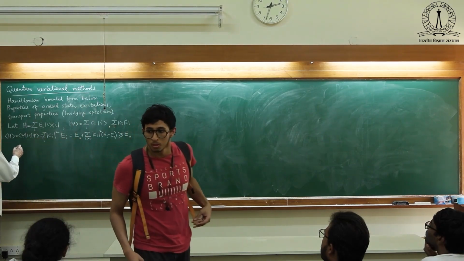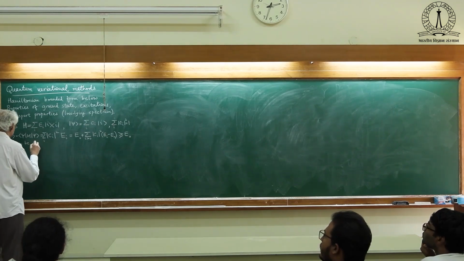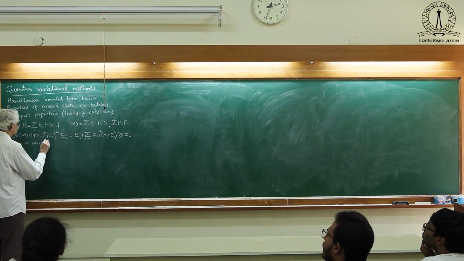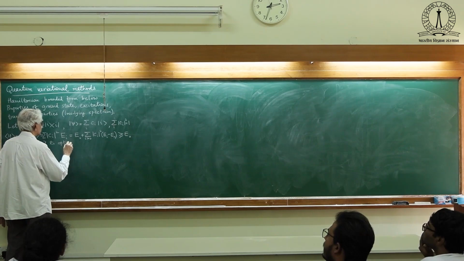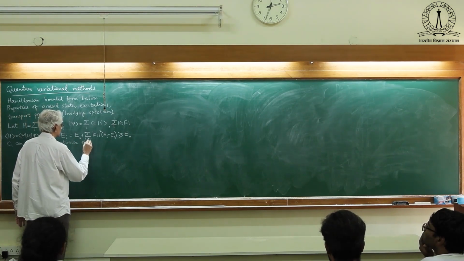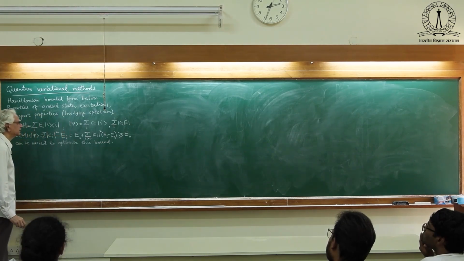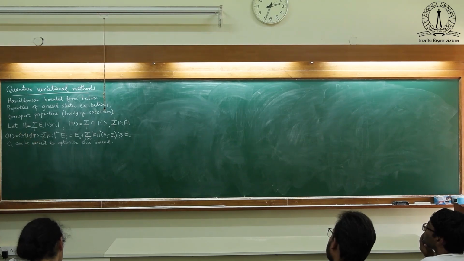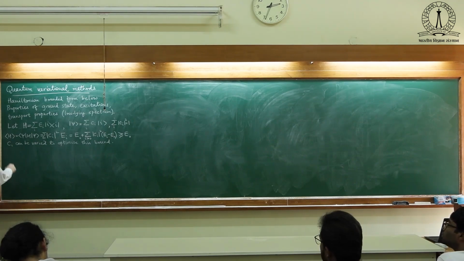So this is what you will find in most quantum mechanics textbooks. But one can go a little further and calculate not just the expectation value, but also the variance.